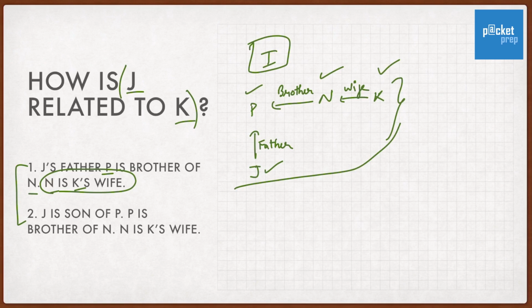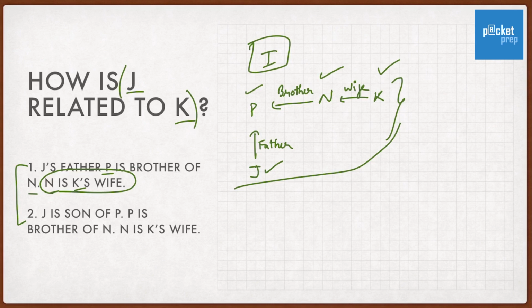Because all the data sufficiency questions will be asked from different concepts like coding, decoding, blood relations, direction sense test, ranking, time sequence test, sitting arrangement and puzzles, arithmetical reasoning, and mathematical operations. All these together, they'll be asked in the data sufficiency questions. So make sure you're perfect in all other topics.